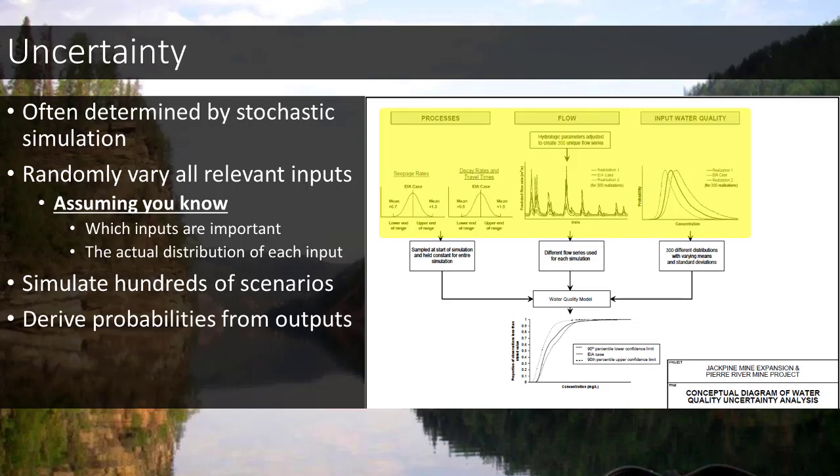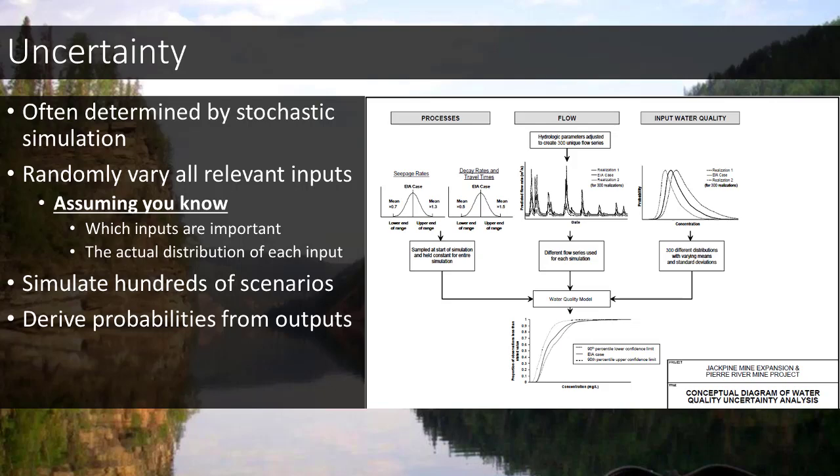Each of these inputs has its own set of probability distributions, or maybe it's a flow model and we have 10 different scenarios of precipitation. We have many different possible inputs for each of these.